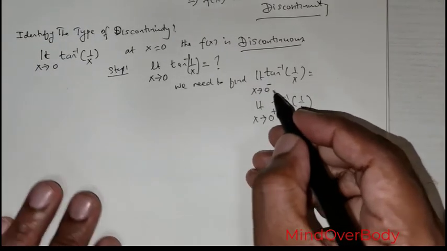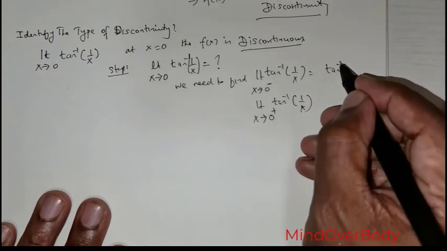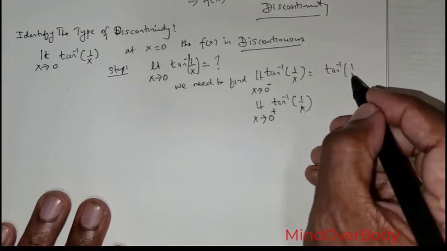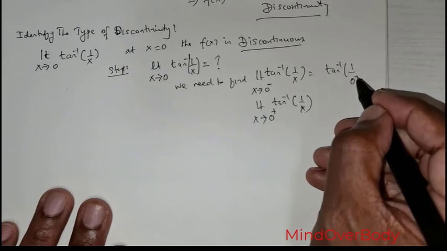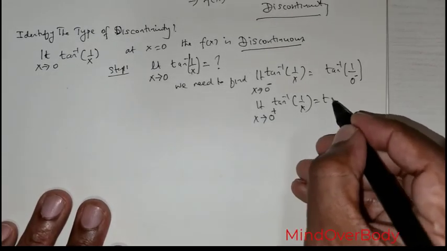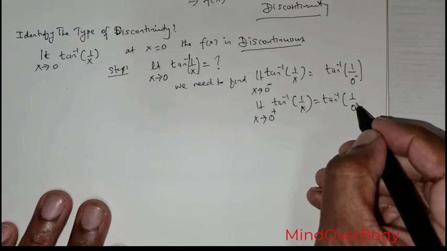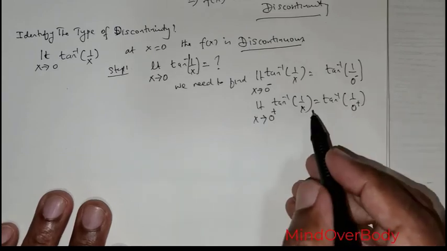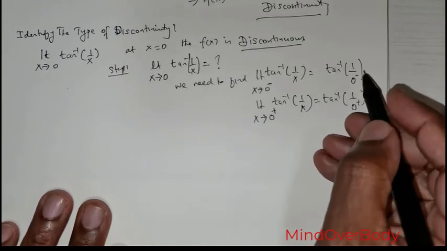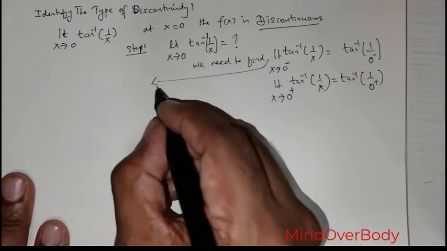Now if you were to apply the limits for the first quantity, this is going to be tan inverse of 1 over 0 minus. And if you are going to apply limits for this, this is tan inverse of 1 over 0 plus.